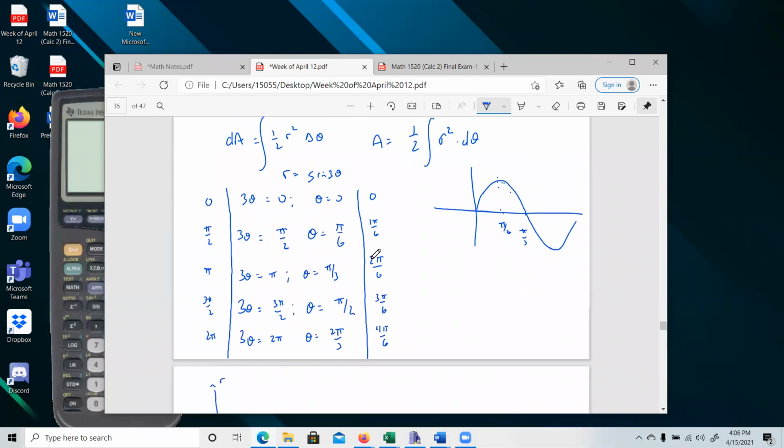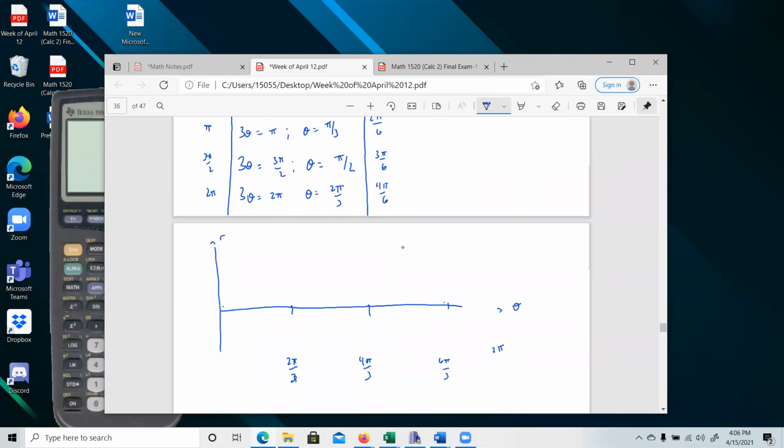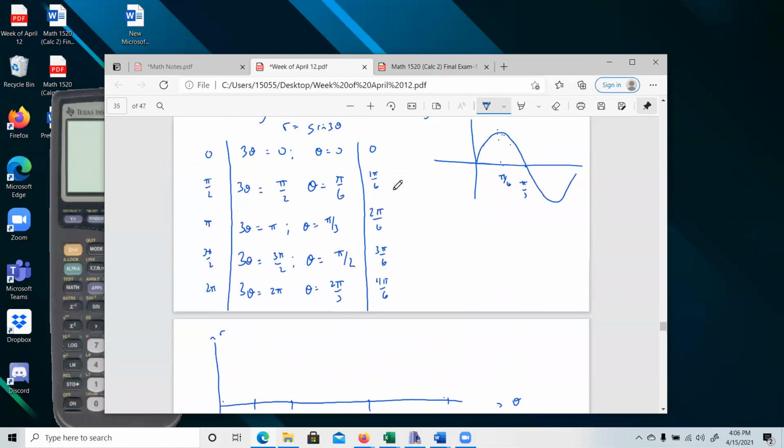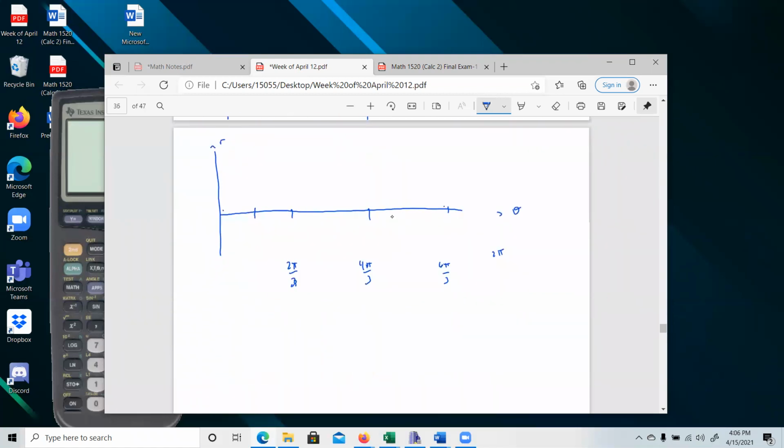And we've got a middle point and then two quarter points. So I'm estimating that to be the middle, and that's going to be my 2 pi over 6. And then we have this point and that point.